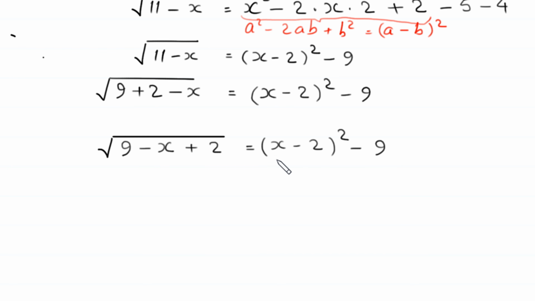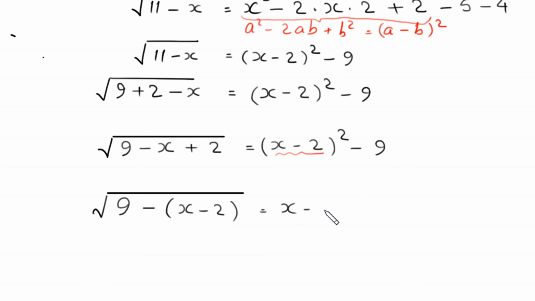Now because at right hand side we have x minus 2, so we write this expression as square root of 9, and we use negative sign before parentheses. This negative x plus 2 will become x minus 2 is equal to x minus 2 whole squared minus 9.